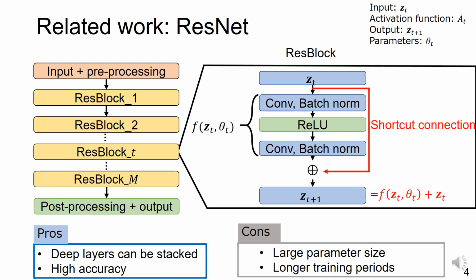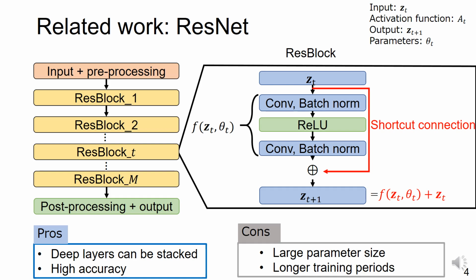Therefore, if we assume that the input is z_t and the output is z_{t+1}, and the usual forward propagation is f(z_t, θ_t), then this is added by the shortcut connection, so that z_{t+1} equals f(z_t, θ_t) plus z_t.